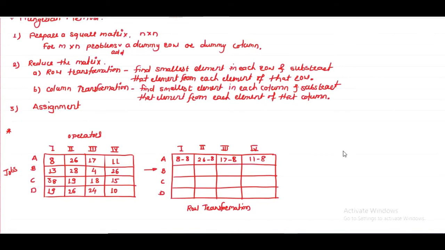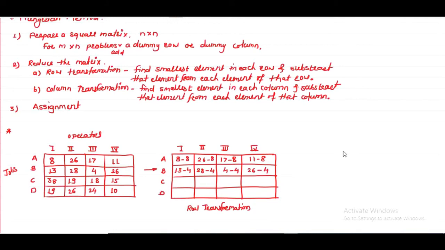Similarly for the second row, 4 is the smallest element, so we subtract 4 from each element: 13 minus 4, 28 minus 4, 4 minus 4, 26 minus 4.